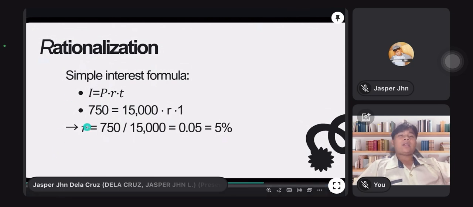So we need to find the rate. So when you put the R, or the rate, on the left side, it will become 750 divided by 15,000. Okay, which is 0.05, or in percentage, that is 5%. So you just need to move to the left 2 times.